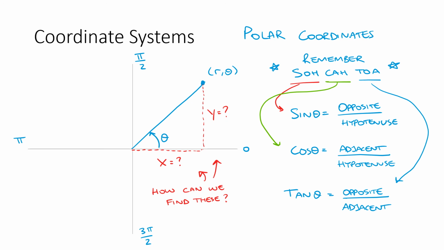Now, for this coordinate system, we can find values that are just randomly out in space. And we don't have to get grid paper. We don't have to measure left and then right. We could just say, I want to find that point right there. It's going to be that far away, and I only need to know the angle. And that is theta, the Greek letter theta for the angle.